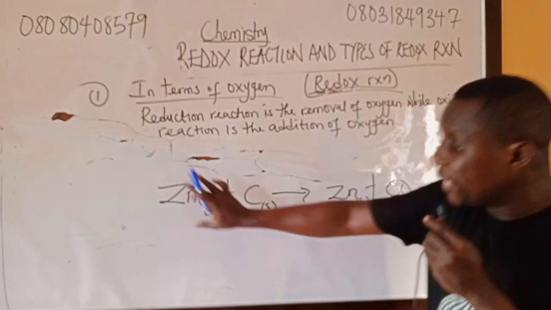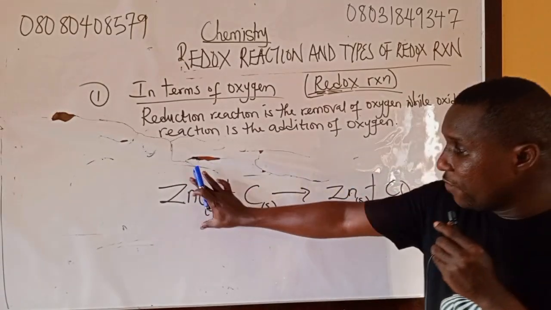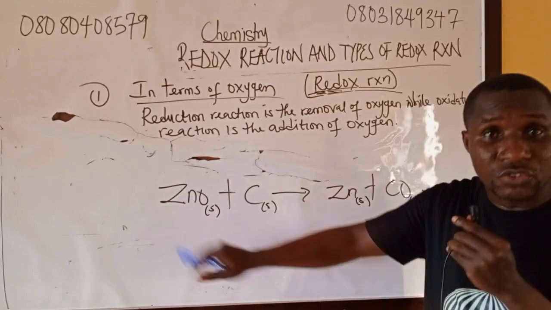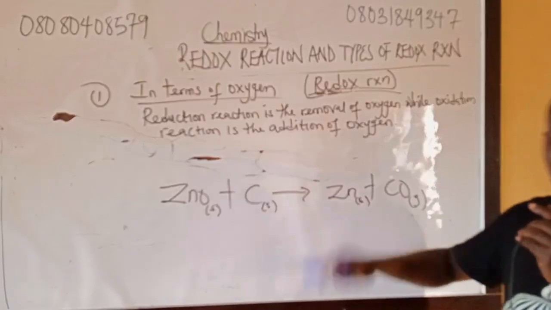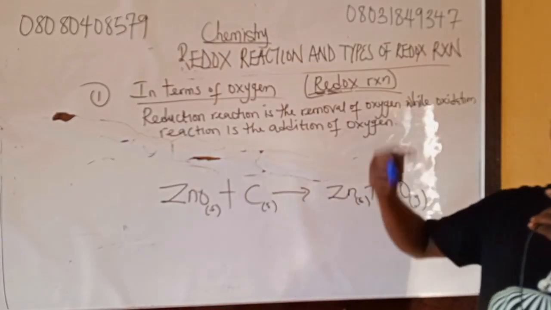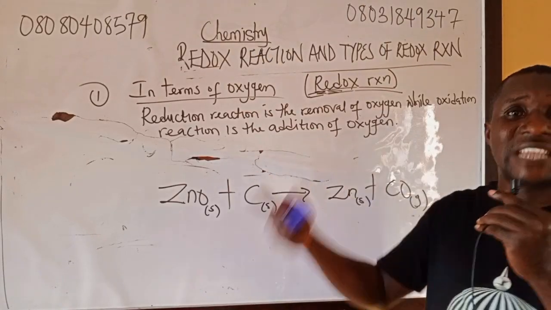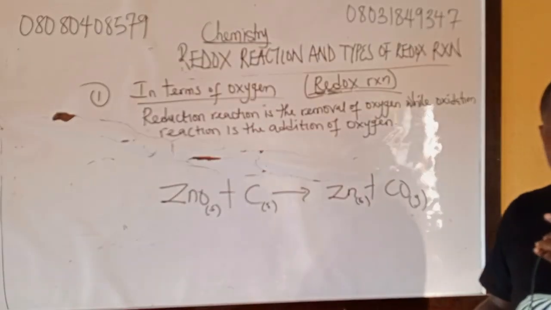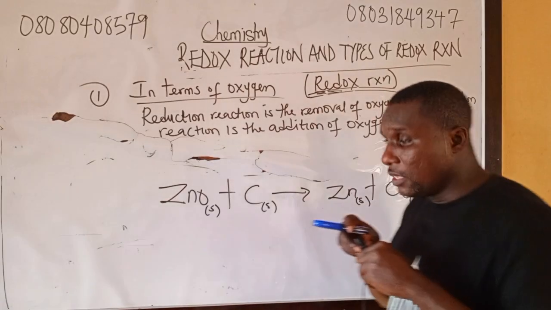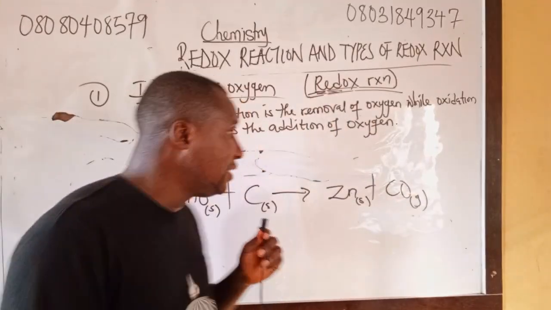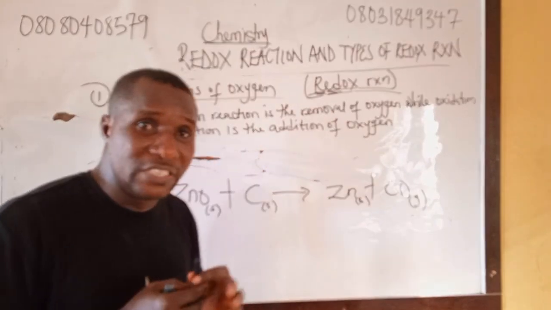In 100 level, or JUPEB, they will give a chemical reaction and ask you to identify the reducing agent and oxidizing agent, and the change in oxidation number of a certain species. Let me illustrate this so that we can identify our reducing and oxidizing agent.